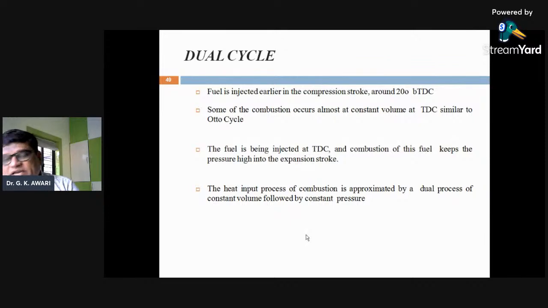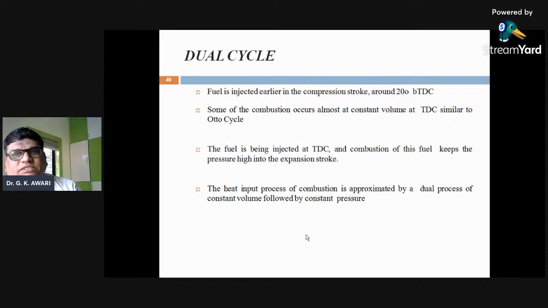Then let us consider the next cycle in the air standard cycle, the dual fuel cycle. In the dual fuel cycle, the fuel is injected earlier in the compression stroke, 20 degrees before the TDC, that is top dead center.